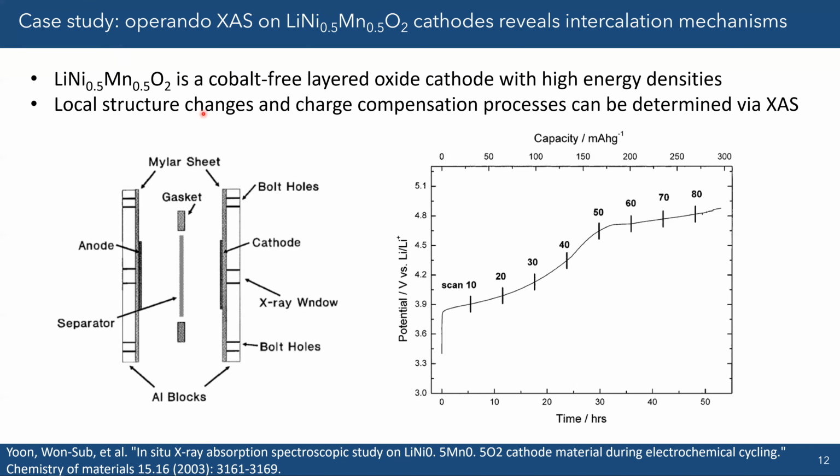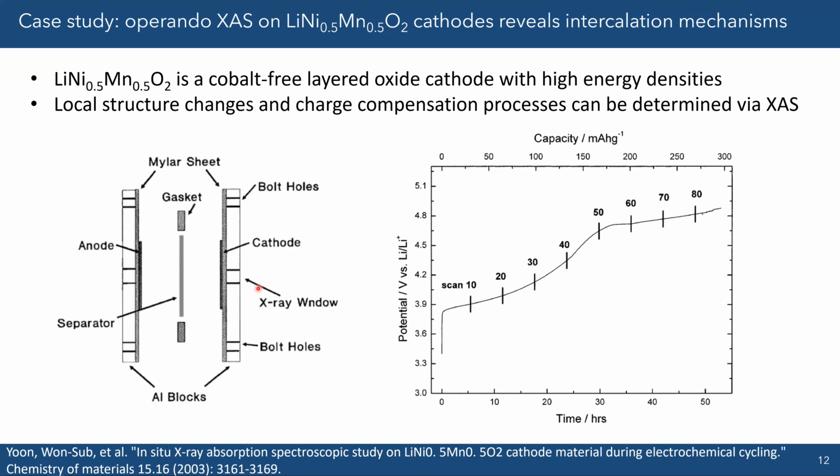I'm going to give a brief overview of the experimental setup, because an operando setup requires more specialized equipment. In this case, they have a specialized battery, except that you need X-ray transparent windows for your XAS experiment to be effective. So they have low Z windows, either organic polymer-based windows or beryllium windows, which X-rays can transmit through.